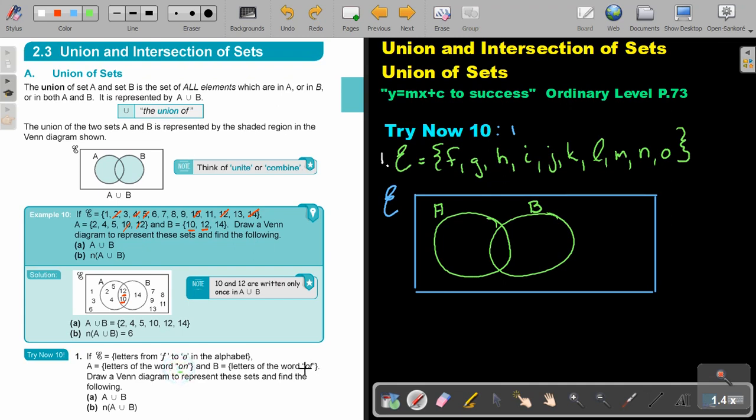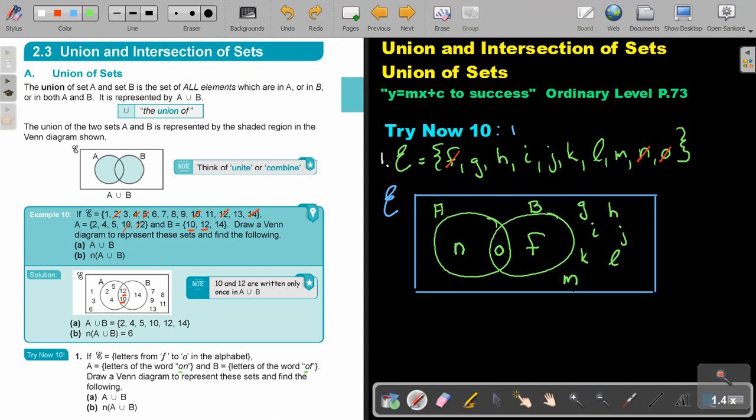It's the O. Can you see the O? So I put the O there. And then this one is the N, and this one is the F. Now I'm just going to block them out. So it's N, O, and F. And the rest I'm going to write here: G, H, I, J, K, L, M.